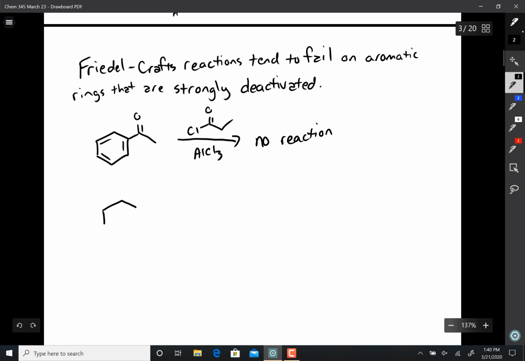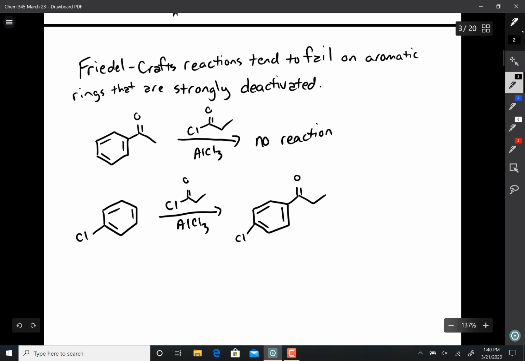Now that doesn't mean it can't work on deactivated rings. Halogens, if you have a halogen on a ring, you can add it on there. And halogens are deactivating groups.